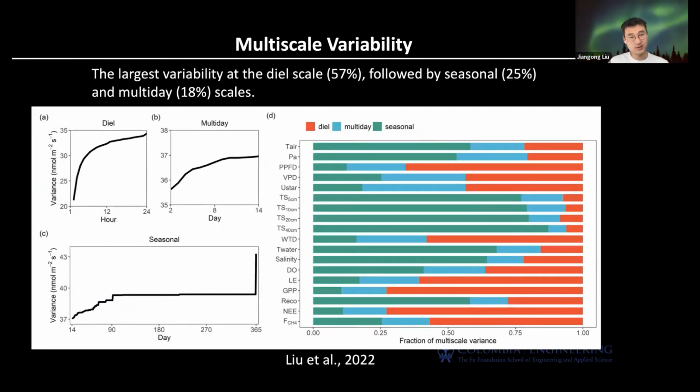We find that the largest variability happened at the diurnal timescale, followed by the seasonal and multi-day timescales. So if we want to really understand why the methane signal is so noisy or variable, we had better have a good understanding of the diurnal timescale, because it accounts for a large proportion of the variation.